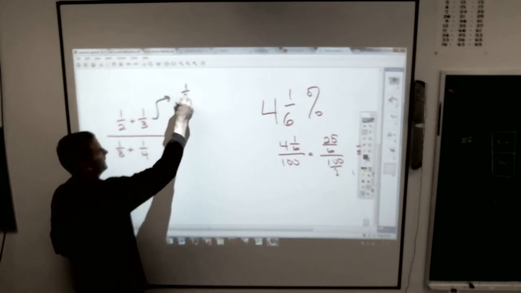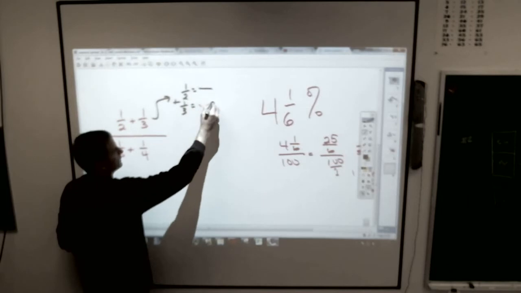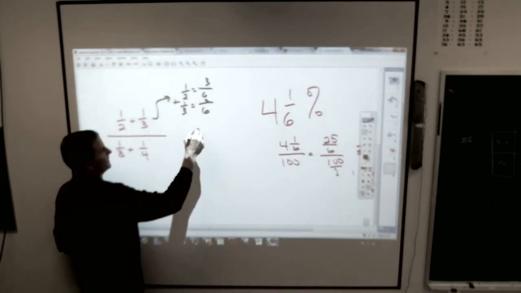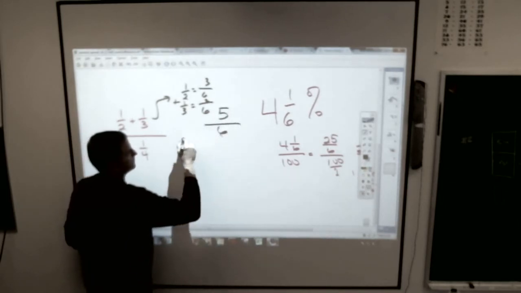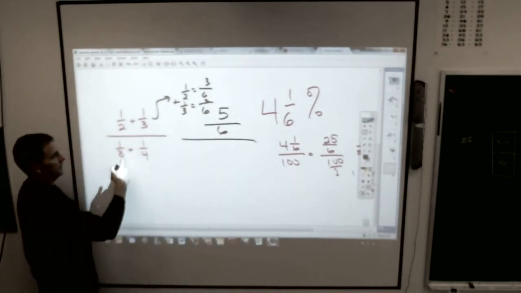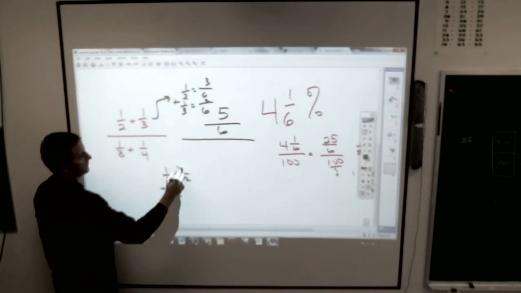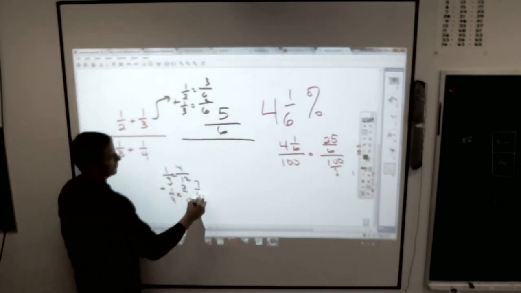If you do 1/2 plus 1/3, you get 3/6 plus 2/6, which on top ends up being 5/6. If I take 1/3 plus 1/4, I'm a denominator of 12, looks like I get 7/12.